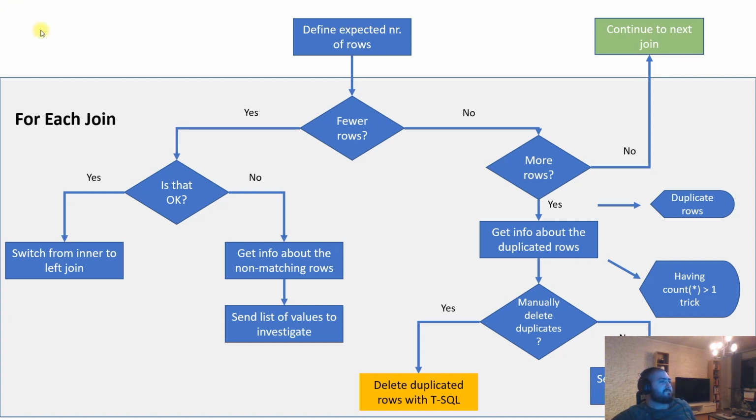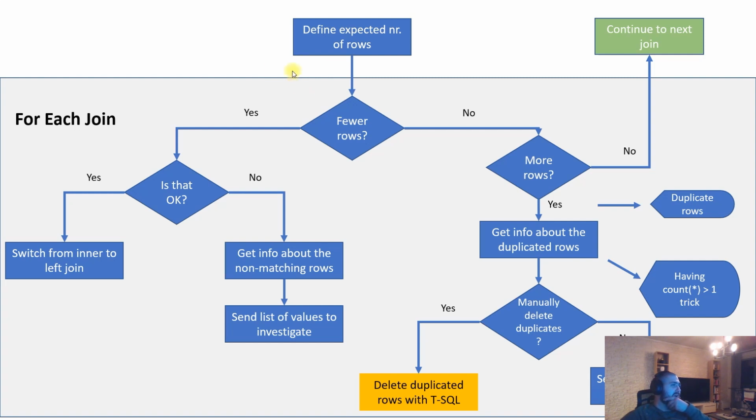So what I like to do is go through join by join, because as we've seen in the previous lectures about joins, you need to be careful when you're using joins, and you really need to understand all of the different joins before you use them, because otherwise you will get unexpected results.